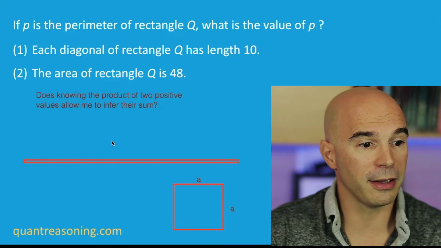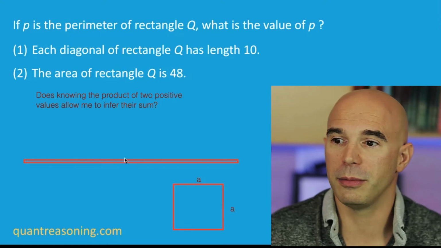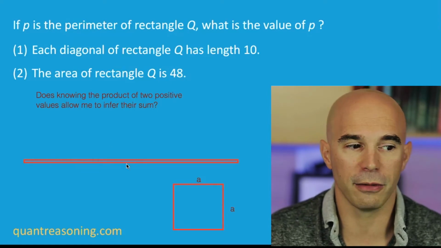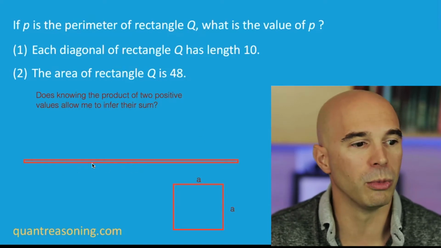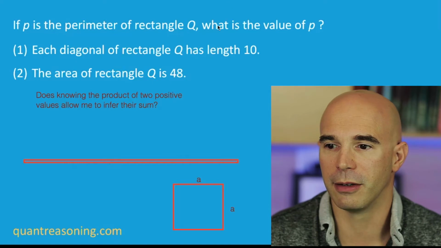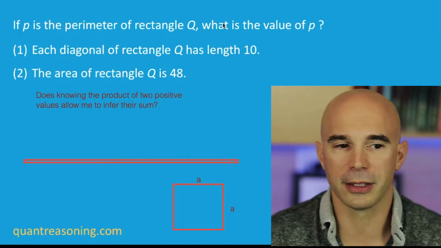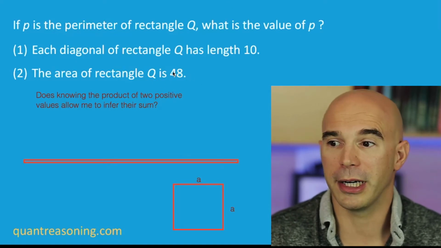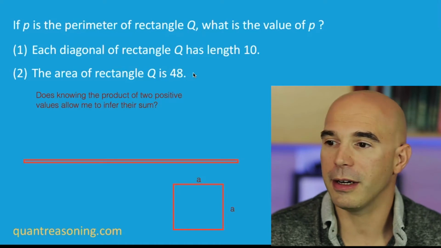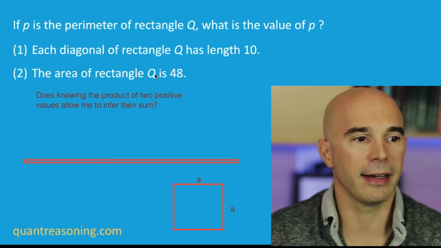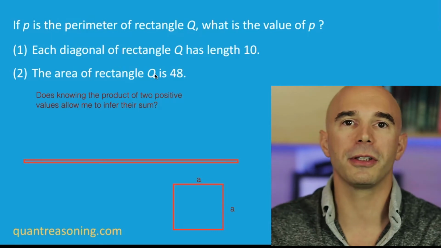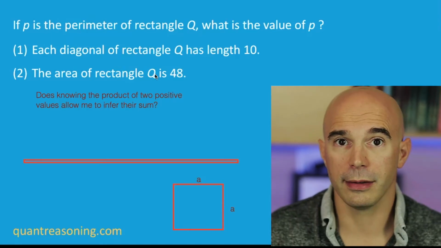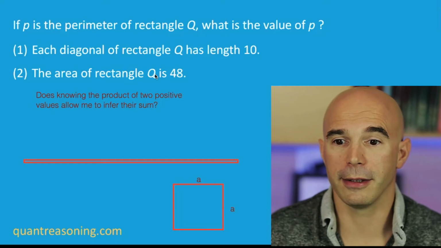But if it's a rectangle that looks like this, then the perimeter is going to be fairly large for that same area of 48 because it's not as efficient in capturing that area. You would need more perimeter to capture the same area of 48 if it's a rectangle that looks like that. And since we don't know anything about the rectangle, and are just given the area, I would say I have no idea what the perimeter is going to be, because that depends on how symmetrical the rectangle is.